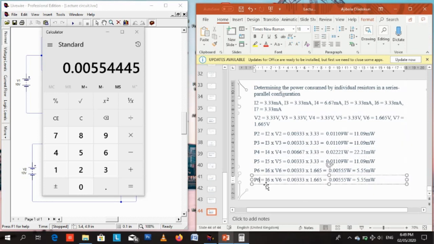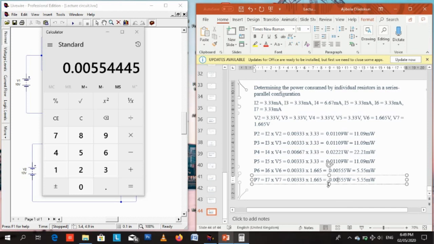Let's switch over to P7. So P7 is I7 multiplied by V7. So I7 is still 0.0033 amperes, and V7 is 1.665 volts.